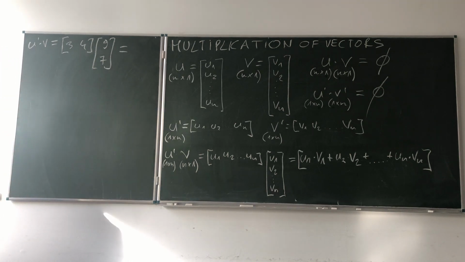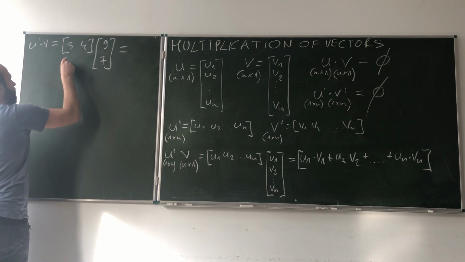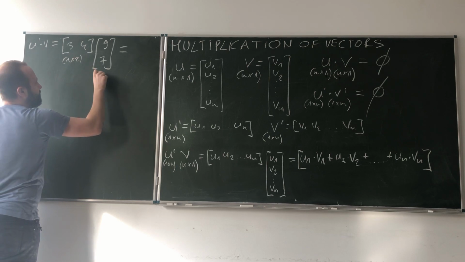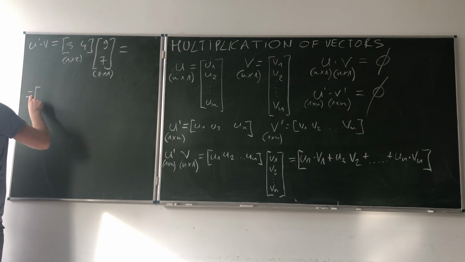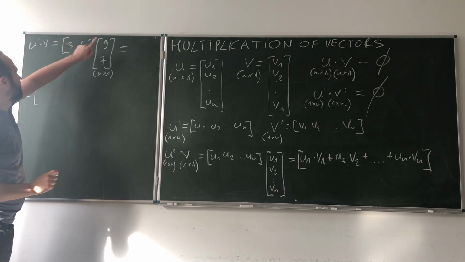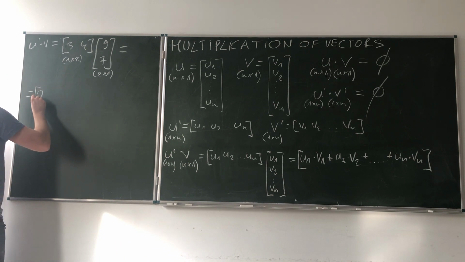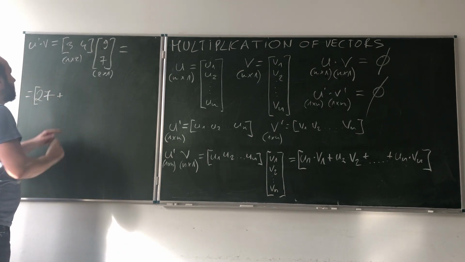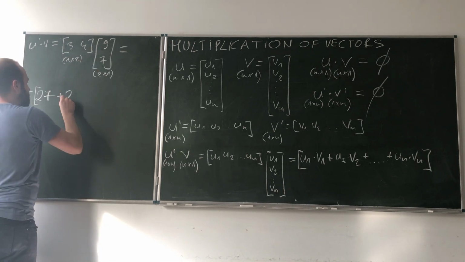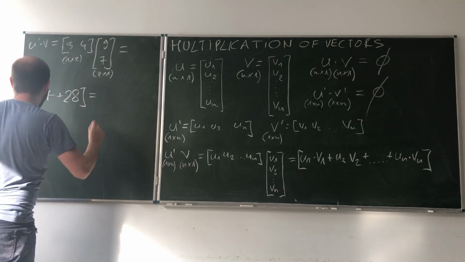Okay, we clearly see that this one is 1 by 2, this is 2 by 1. Can I multiply them? Of course. So let me proceed. I will have 3 times 9, 27, plus 4 times 7, 28.